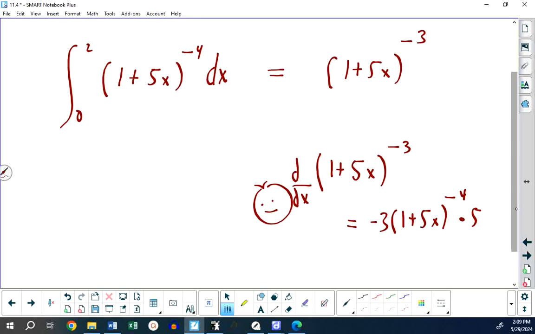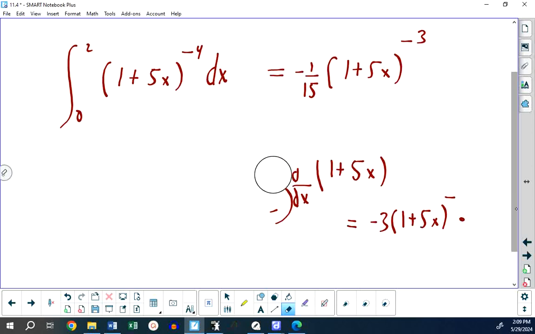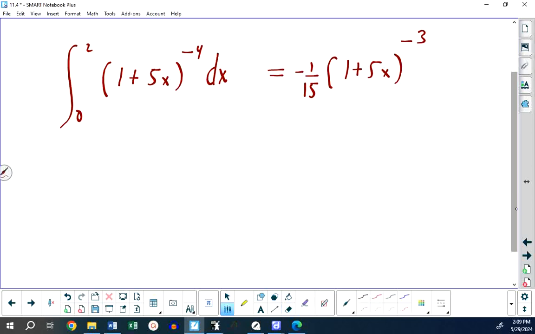So how you would do it, just by kind of reasoning it out, is you must say, I need to have a coefficient here of this. Okay, which means that this will be negative 1 over 15, 1 plus 5x to the 3, evaluated from 0 to 2.